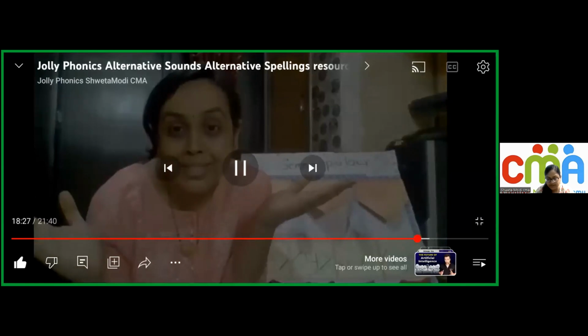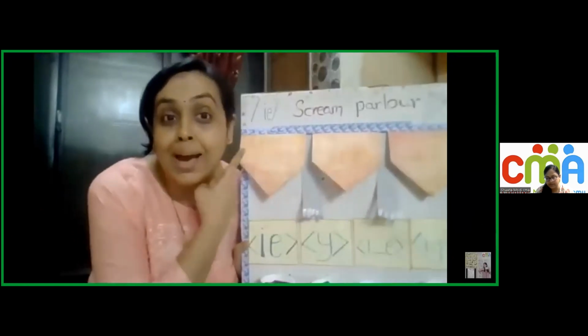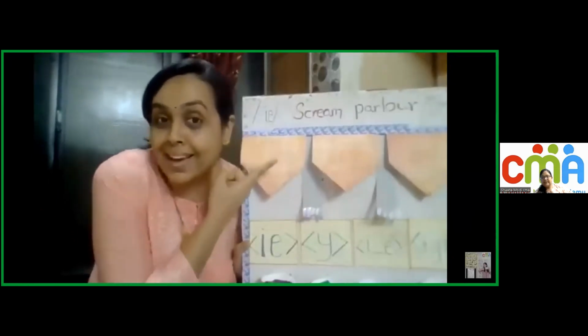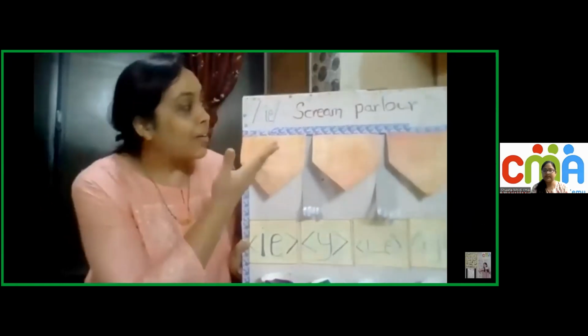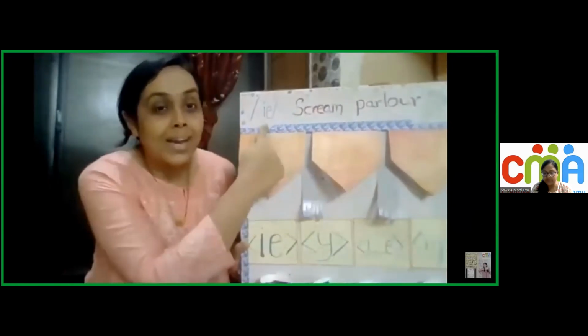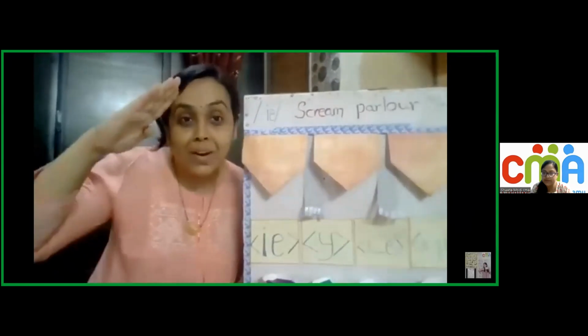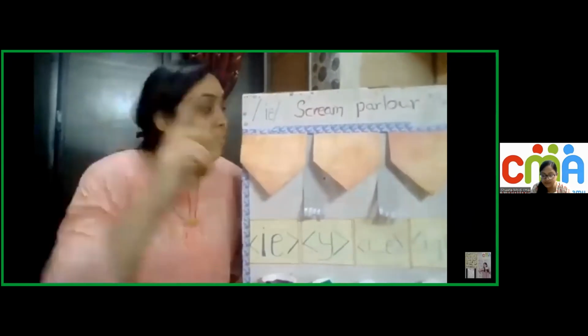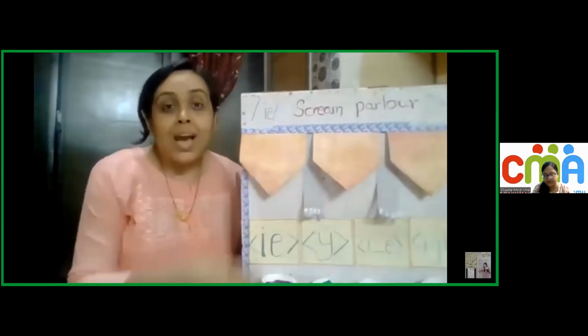So this is an ice cream parlor for the I sound. I, and I. So the teacher is playing this game in the online class with kids. The children will tell whether it is a Y word, whether it is an I-E word, or whether it is an IGH word. Okay.